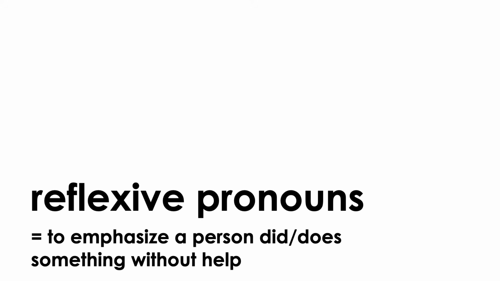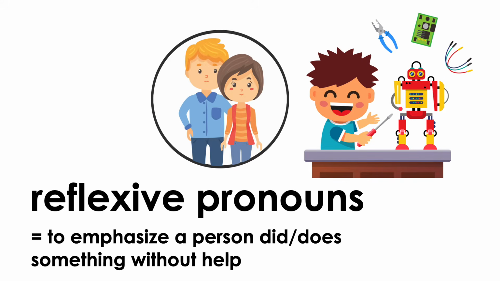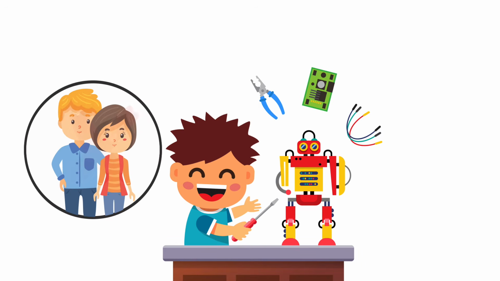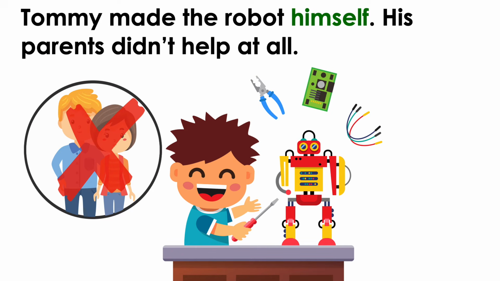We also use reflexive pronouns to emphasize a person did or does something without help. Tommy made the robot himself. His parents didn't help at all.